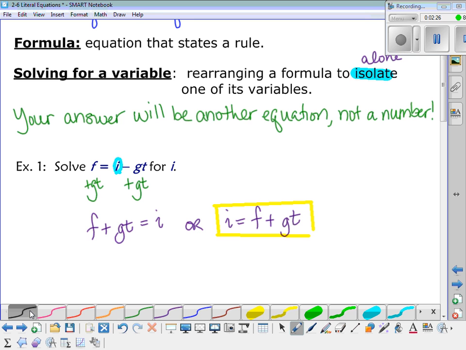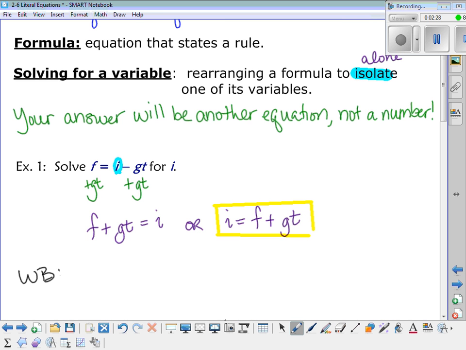Now on your whiteboards, here's a problem for you to do. You want to solve for m, and we have m minus n is equal to 5. If you're watching this video at home, pause it and try to solve it on your own.